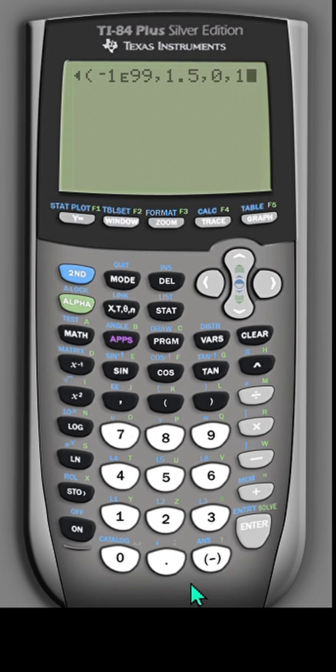You press second comma, and it gives you the option for E. I'm just going to do it here real quick to show you. After that, we hit enter, and we get the probability, or the area under the curve, if you come from the left all the way to the right to the value 1.5.